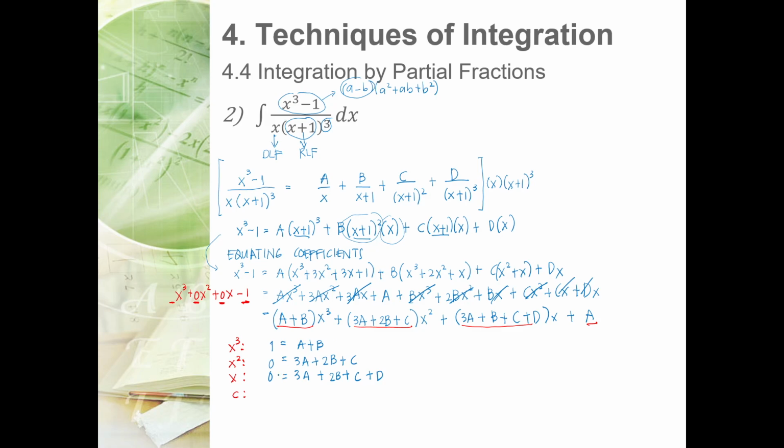Right? And then the last one would be negative 1 is equal to a. So you have 4 different equations.